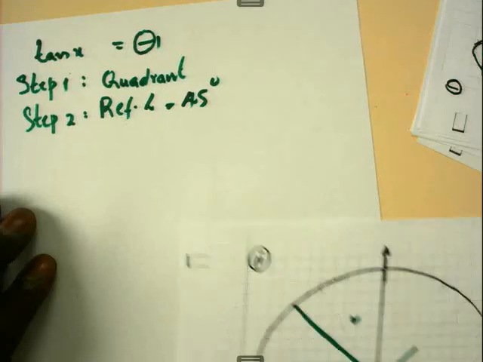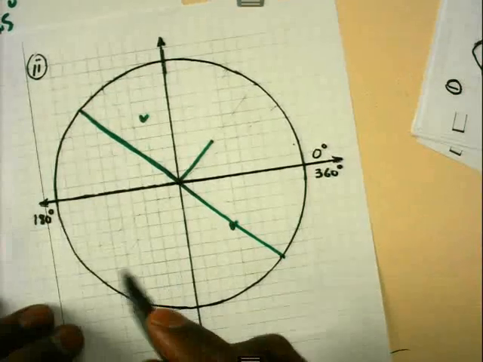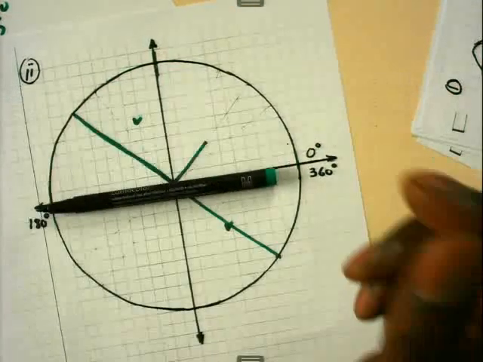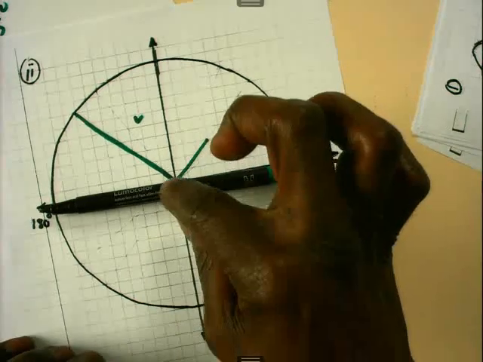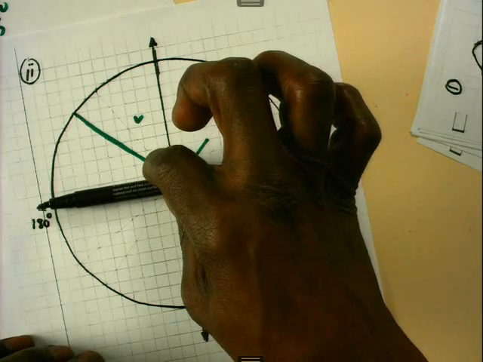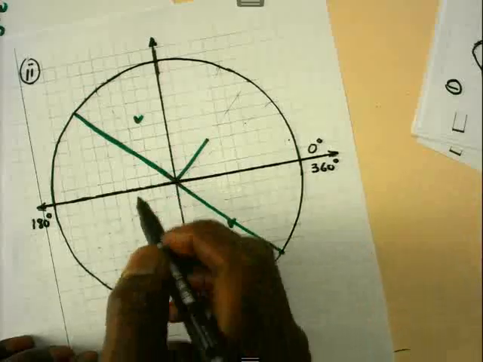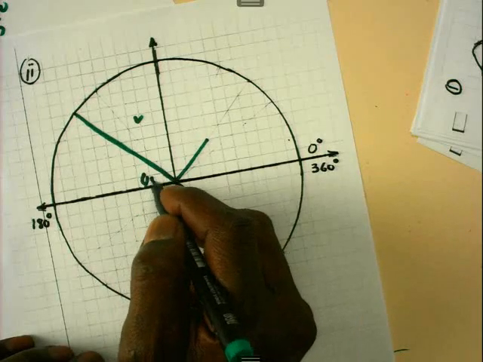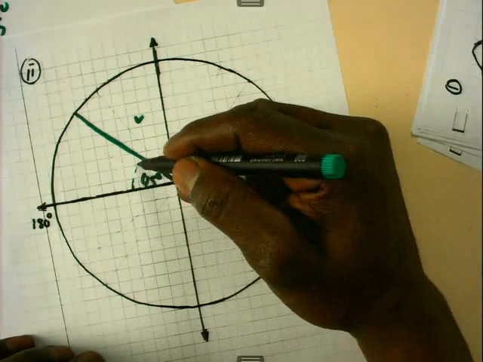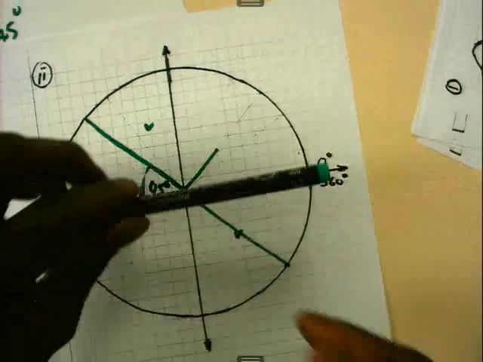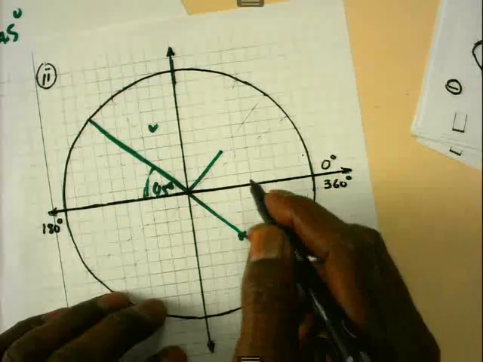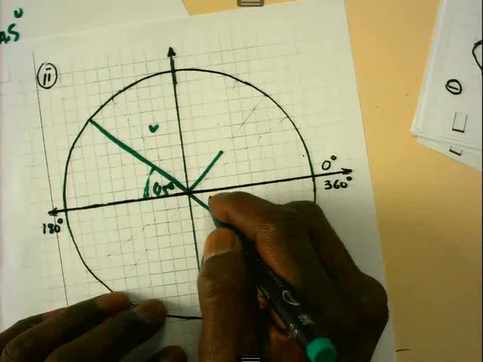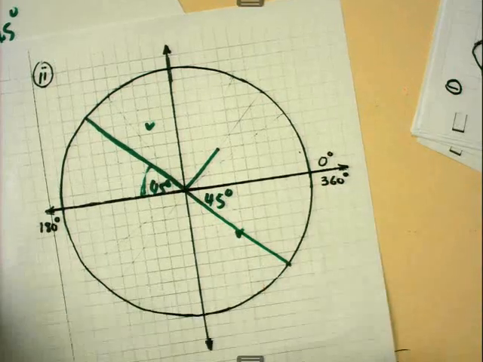We have got our reference angle. Remember, I'll drop my marker once again to remind you that we work with the x-axis. I'm going to consider my reference angle as this one, 45 degrees.